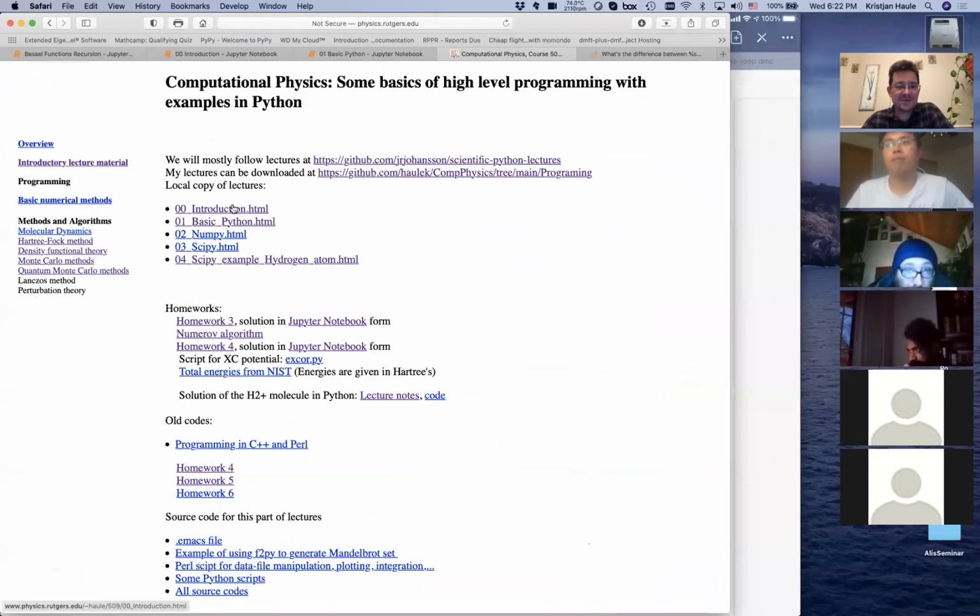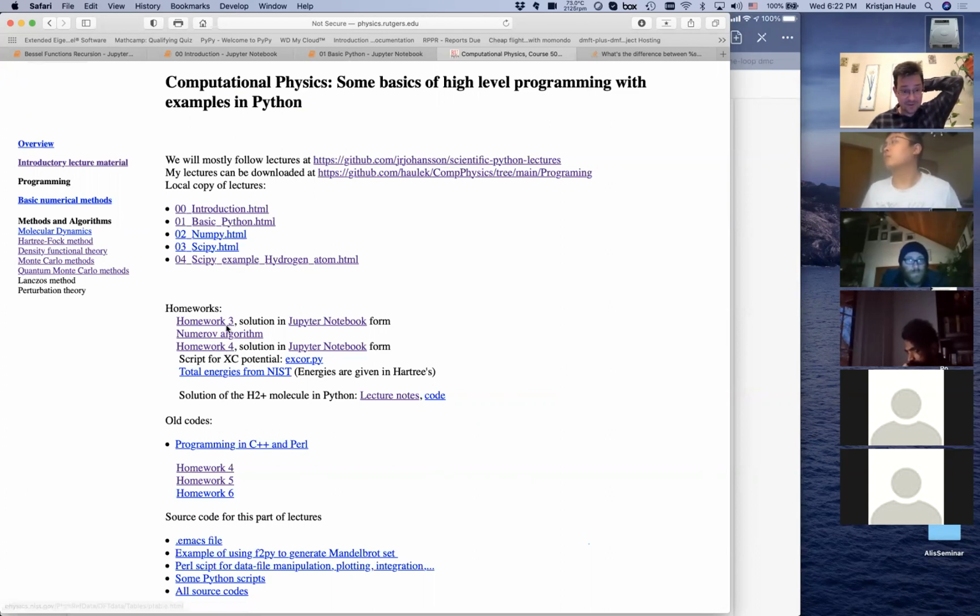We're going to go through this introduction, basic Python, NumPy, SciPy, and then some examples from SciPy, using SciPy with solving hydrogen atom with this algorithm. And then we're also going to solve not hydrogen, but a generic atom with the so-called DFT approximation.